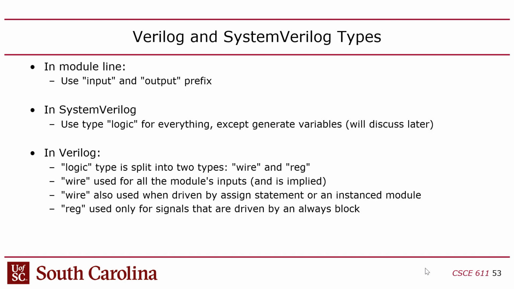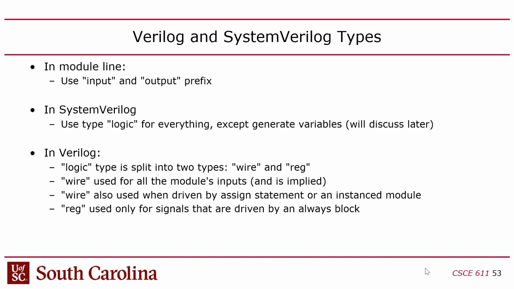In System Verilog, we use type logic for everything. All the signals are logic. The only exception for us is going to be a genvar for the generate statement, which I'll talk about in just a minute. But all the signals are of type logic. If you have a multi-bit signal, you can have logic with multiple bits, but generally a logic is like a one-bit signal.